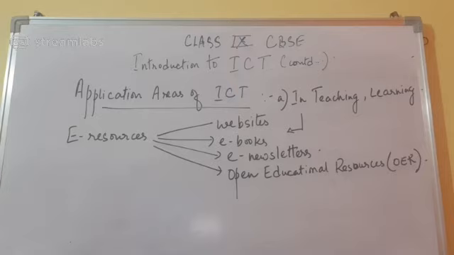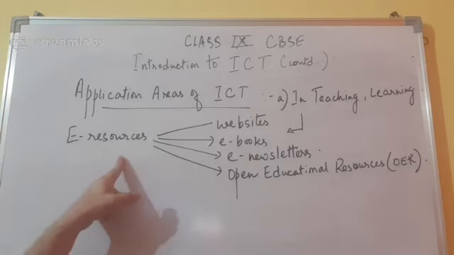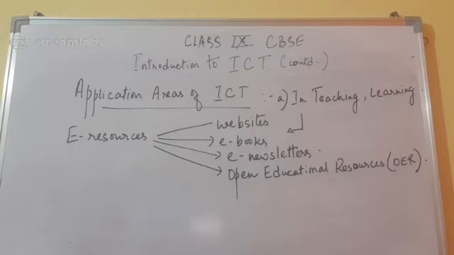In teaching and learning, we can make use of e-resources, and e-resources can be electronic resources which can only be gathered or used when you are using the internet. So the first option is websites, second is ebooks, third is e-newsletters, fourth is open educational resources. So all these are multiple options.